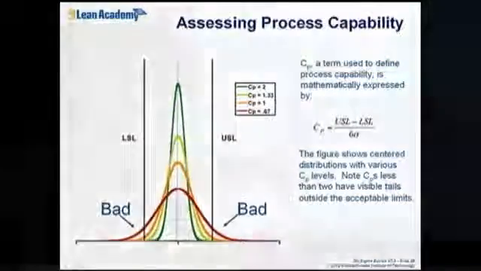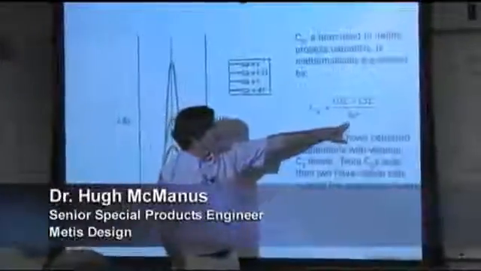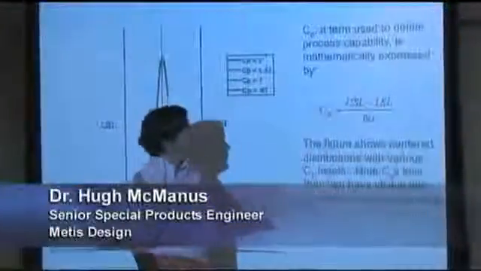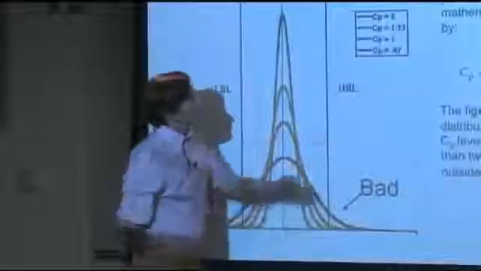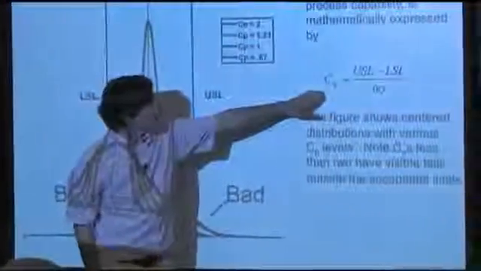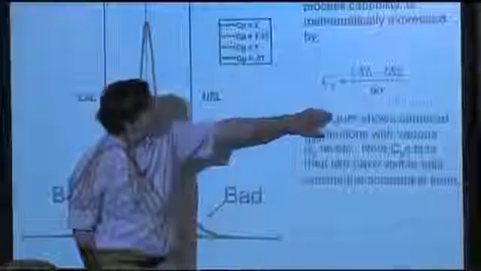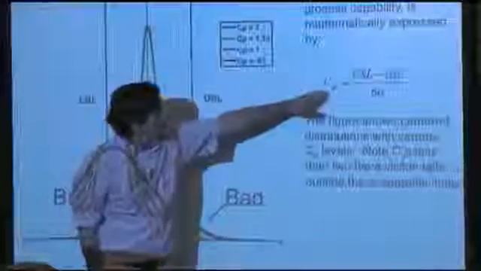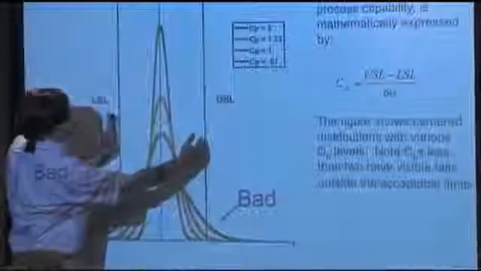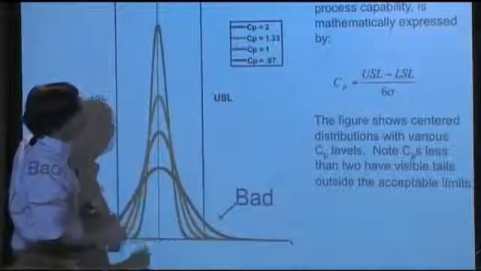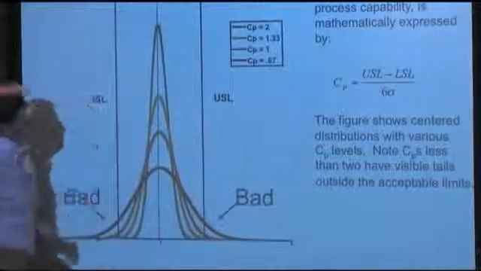If we have a normally distributed process, its behavior is going to be characterized by its standard deviation, sigma. And if we draw our spec limits around that normal distribution, here's our lower spec limit, here's our upper spec limit, we can define a quantity called Cp, the process capability, which is essentially the upper spec limit less the lower spec limit, so the range which is acceptable, divided by the 6 sigma of the process.